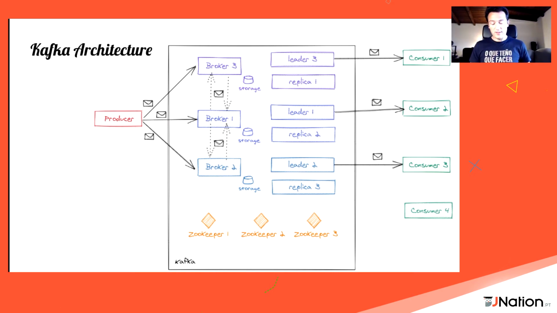So let's see how we can use Kafka to upload information to the cloud. What we're going to do here is, again, we have the producer, but now instead of sending directly to the cloud, the producer is going to send the data to Kafka.